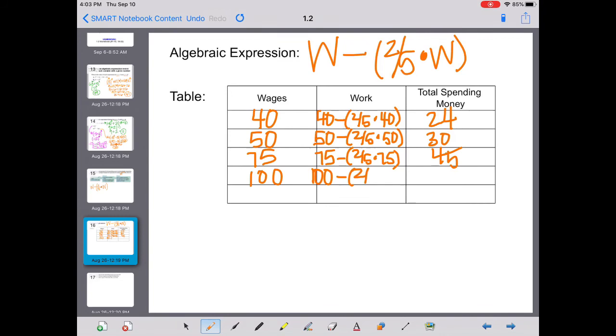Last but not least, 100 minus 2/5 times 100. 2/5 times 100 gives us 40, and 100 minus 40 is $60 left total spending money.